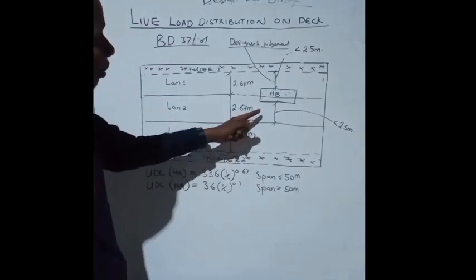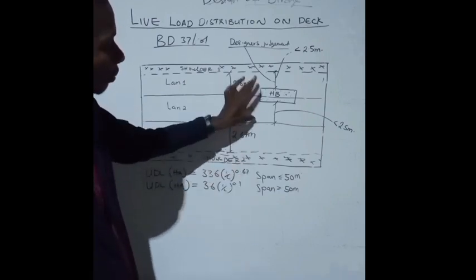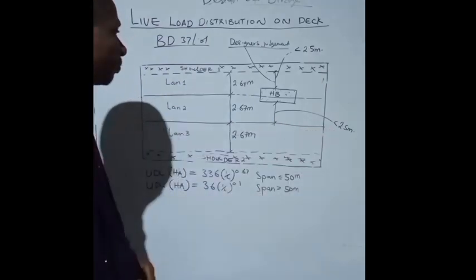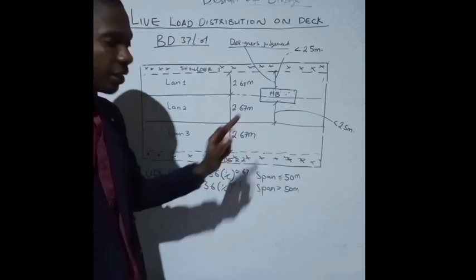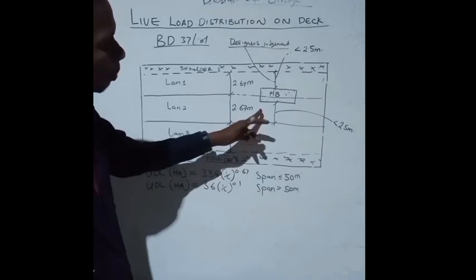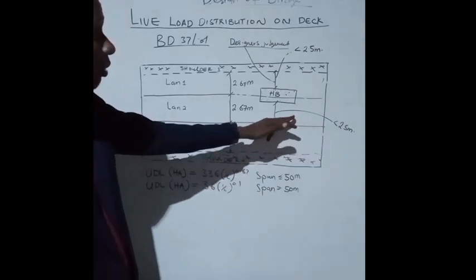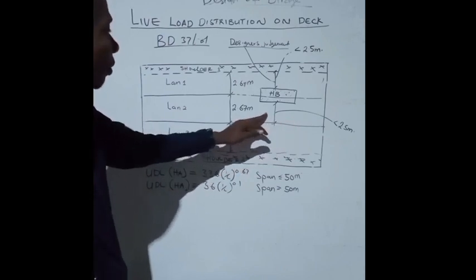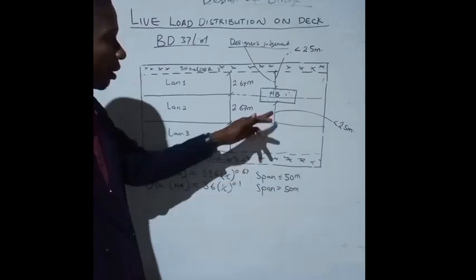Now, the code equally told us that we can have 2 scenarios. The first, you can have a case whereby you have this space to be less than 2.5 before the next lane. If this happens, when you have this to be less than 2.5, it could be anything. It could be 300, it could be 500, whichever, depends on what you want to do, and whichever will give you the most critical design. Of course, it shouldn't be much.